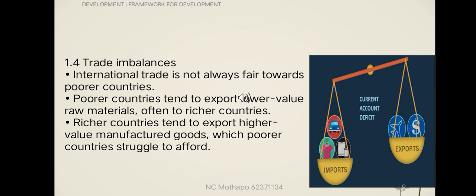We all know that poorer countries export lower value materials such as raw materials, and then they have to buy back manufactured goods from the richer countries at extremely high prices, which means that the poorer countries are then unable to keep their economy afloat, and therefore their development suffers.